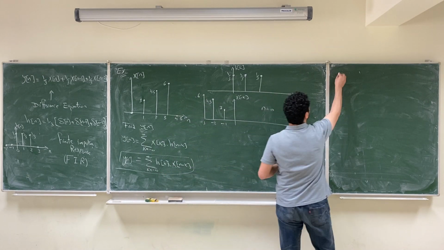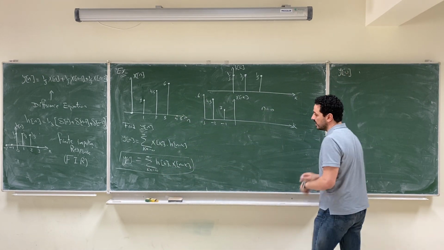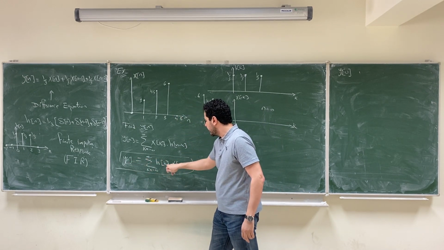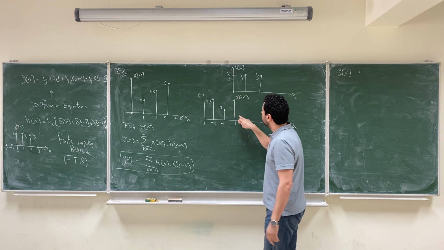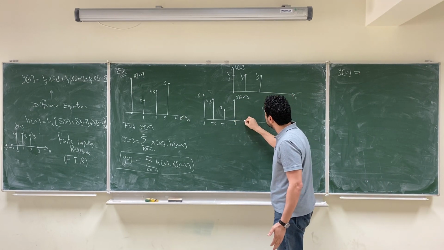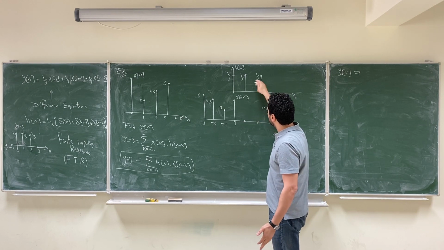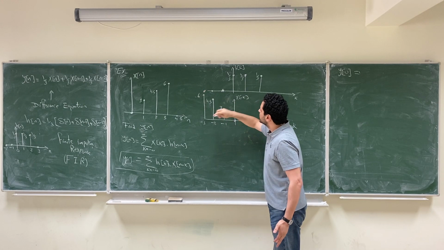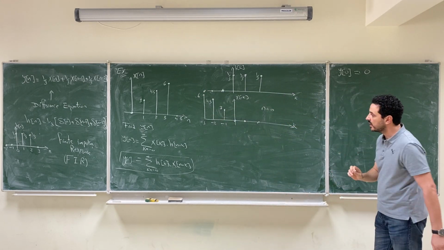In order to get y of 0, you put n equals 0, and you are going to multiply h of k times x of minus k. You will find that the multiplication will be completely 0, because we are multiplying all these samples by zeros. So you will get 0.